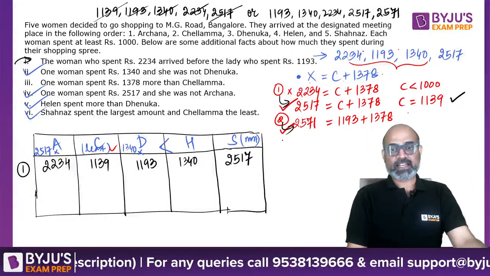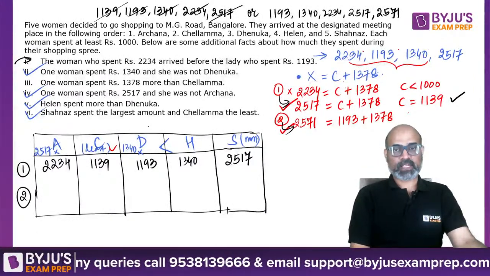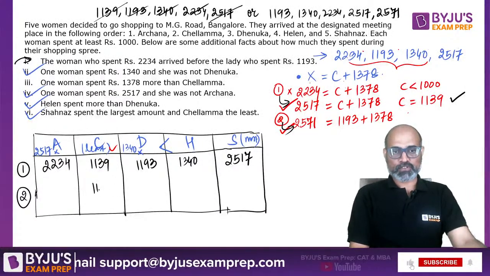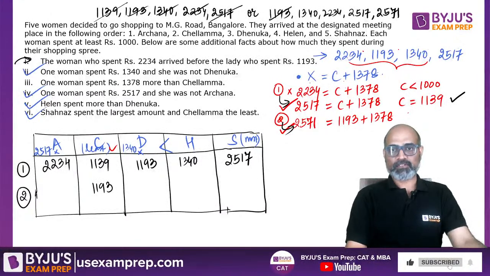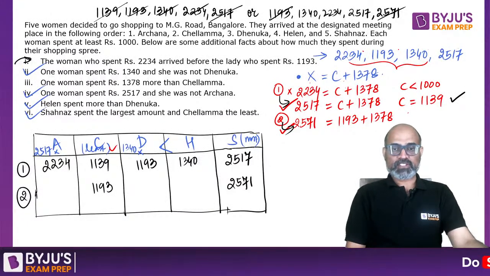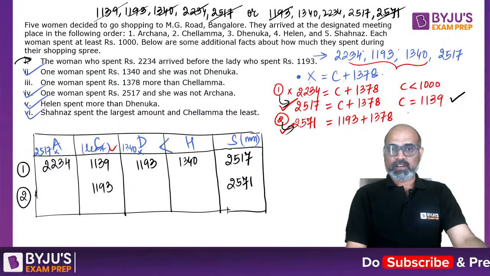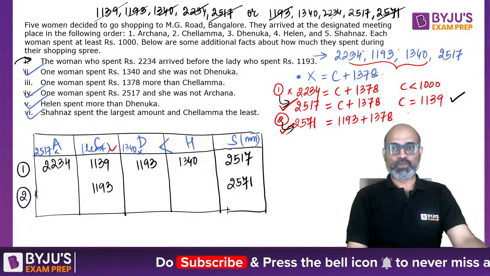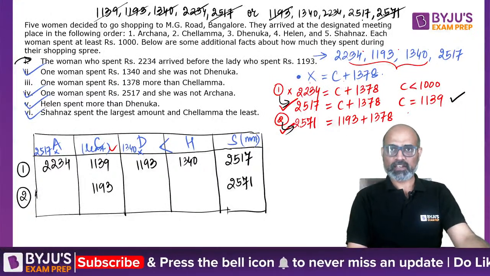Let's try out the second scenario. The least amount we see is 1193, which will go to C. Done with this. The largest amount we see is 2571, which will go to S. Next, D cannot be 1340, so D is going to be 2234 or 2517, right?